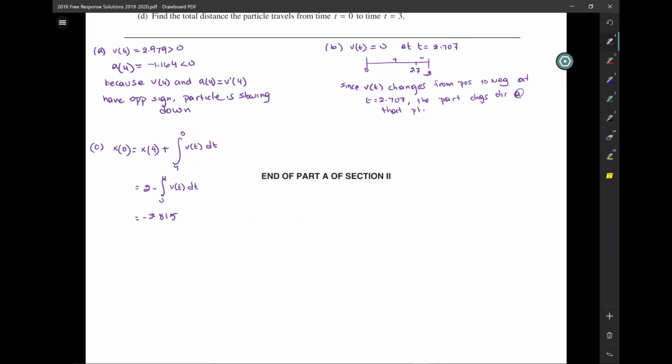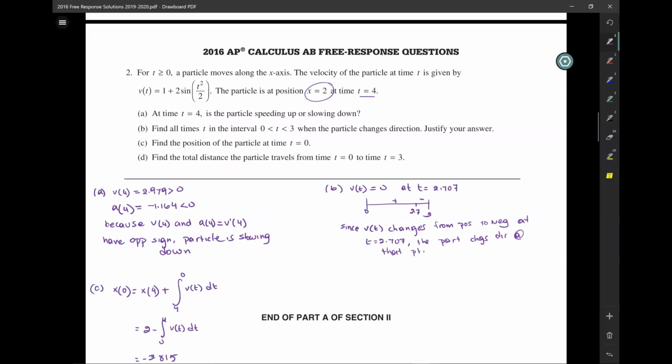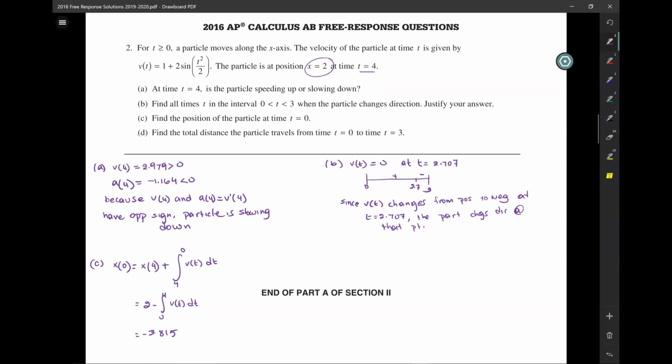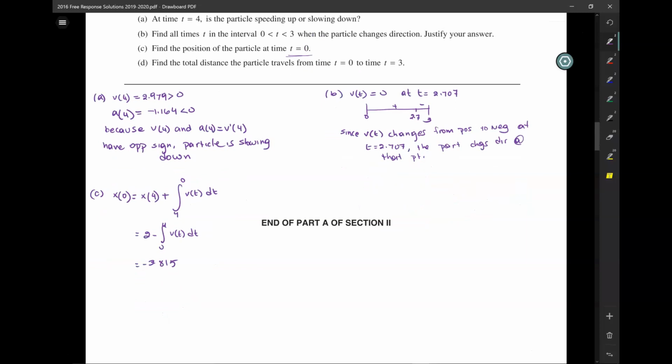Okay, so here's why we're doing this. What is the question asked? The position at time t equals 0. What is this integral? The integral is the displacement. It's how much it moved. So basically, look at how it works.